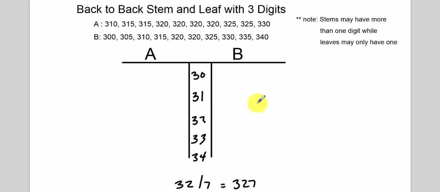All right, so let's put all the classifications of numbers over here for A. I've got 310 as my smallest. And then in that tens range, I've got two 15s. That looks like that's it.